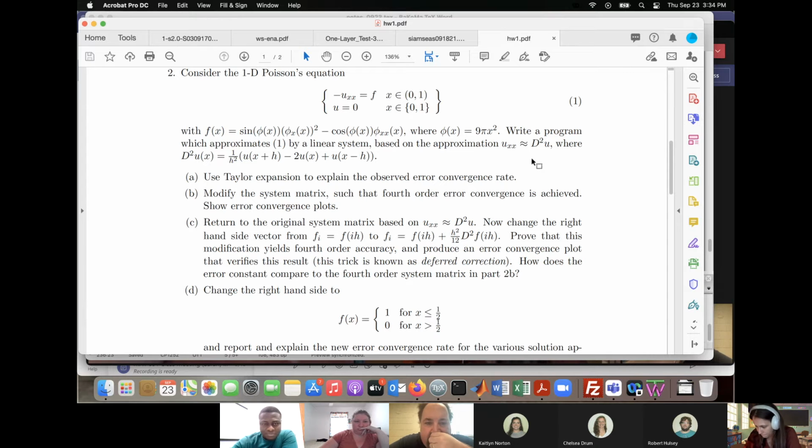Then next was, okay, so because this is a Dirichlet boundary condition, the system will be different from the one you did in class. The right hand side would just be f at the interior points, right? Yes.